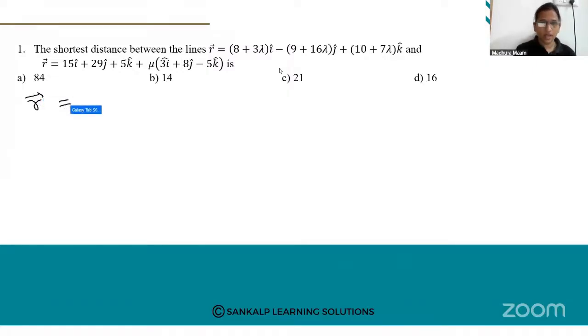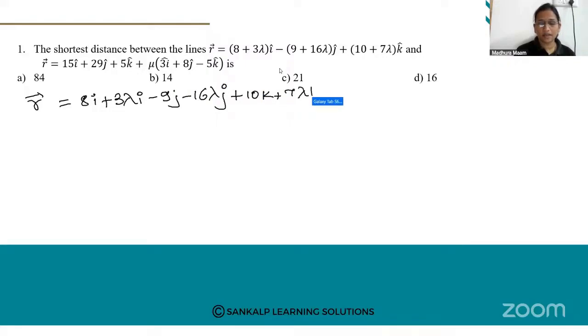If I start solving, this is 8I plus 3 lambda I minus 9J minus 16 lambda J, plus 10K plus 7 lambda K. Taking lambda common, you can rewrite this as 8I minus 9J plus 10K plus lambda into 3I, 16J, 7K.